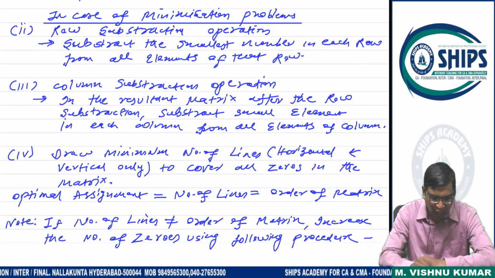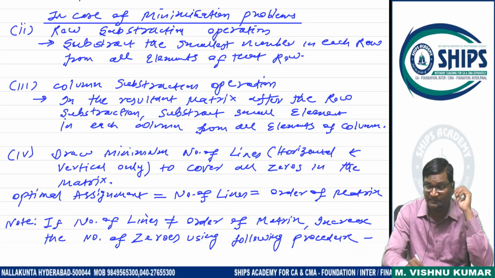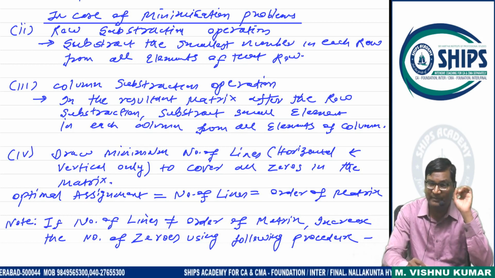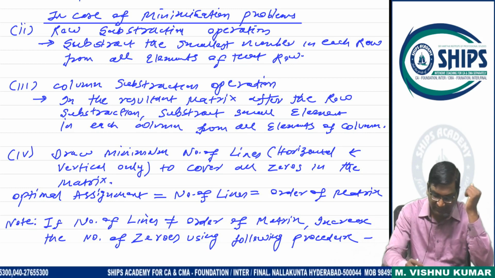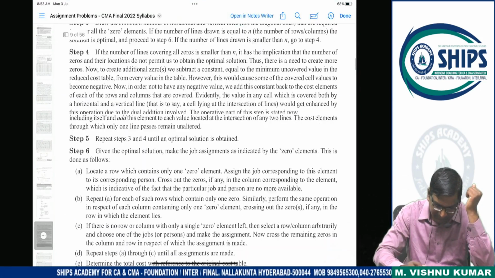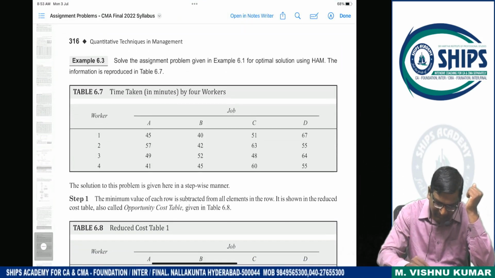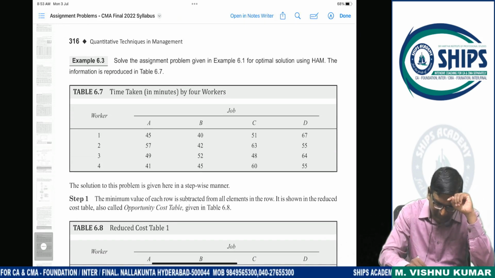So first is the row subtraction operation. In row subtraction, first we see the minimum element in every row, and that will be subtracted from all. Suppose in the first row, what is the minimum item? 40.